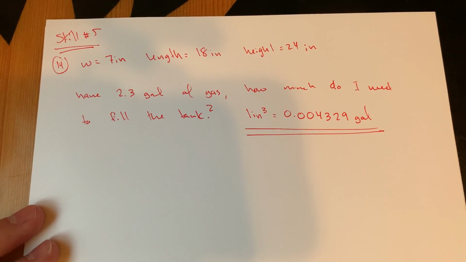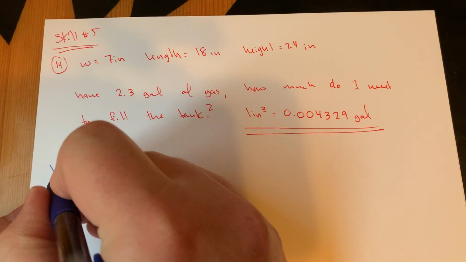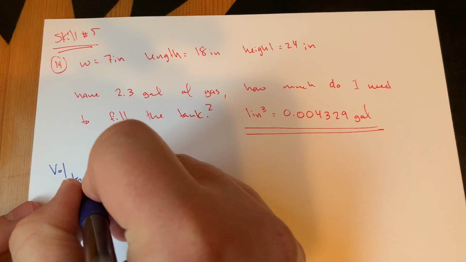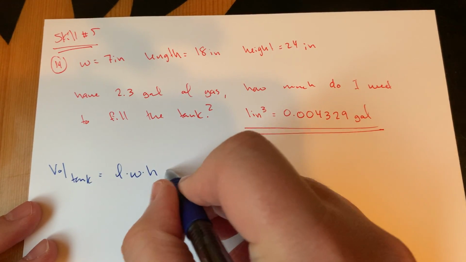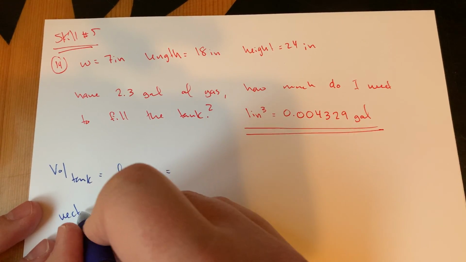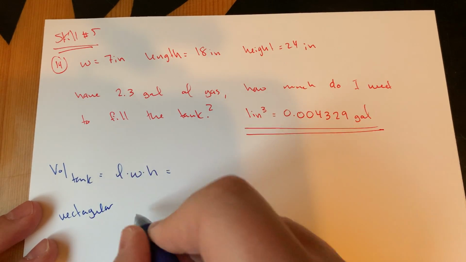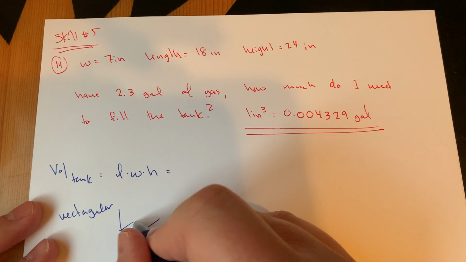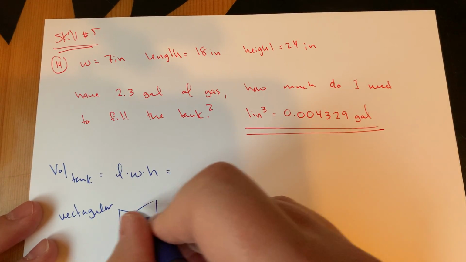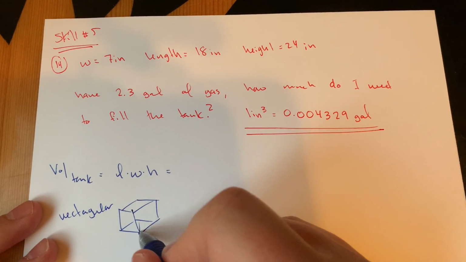So let's quickly find the volume of this tank. This is just going to be length times width times height, right? So this is a rectangular tank, something kind of like this.